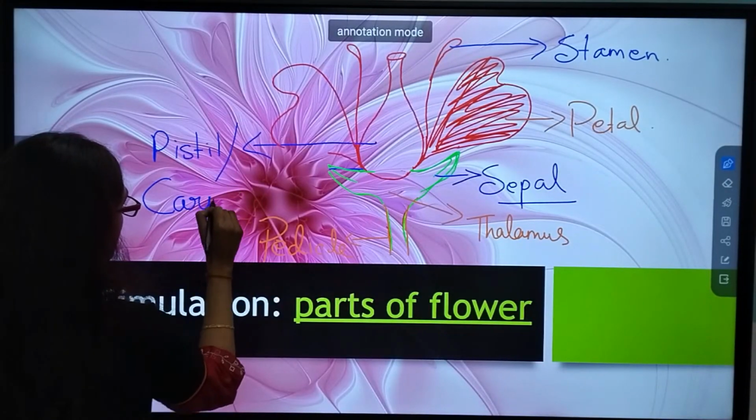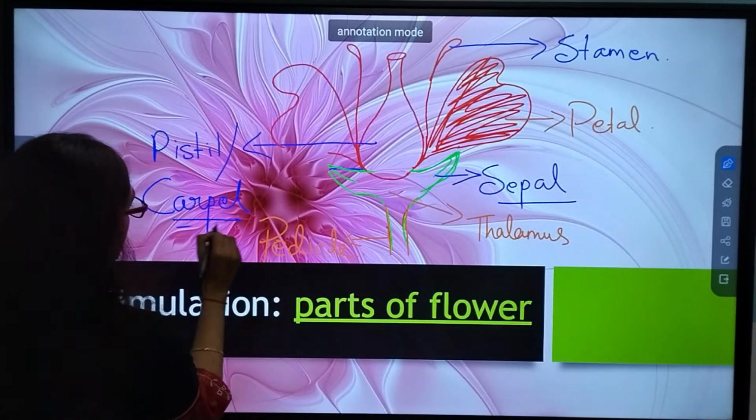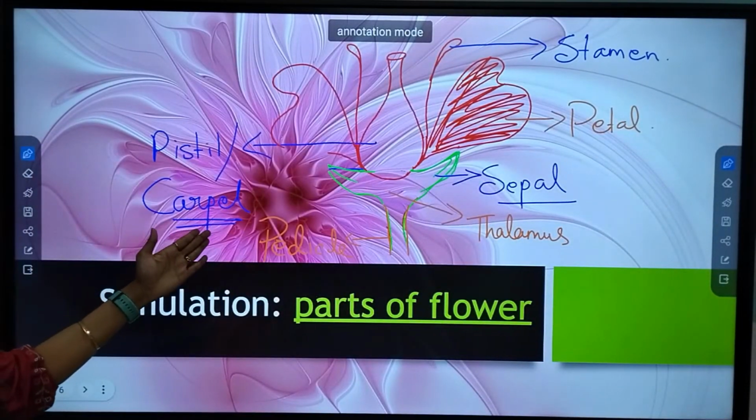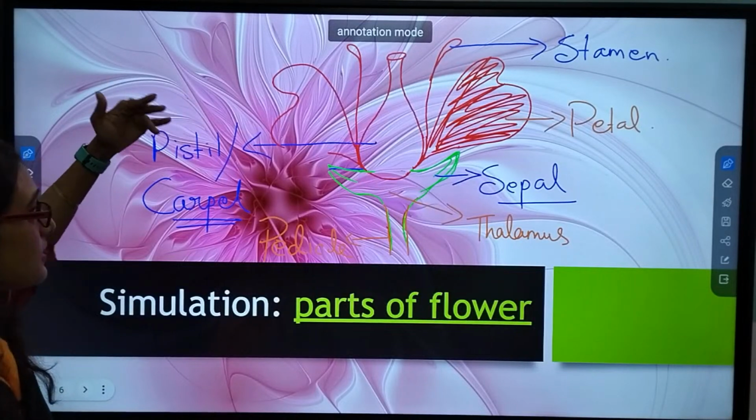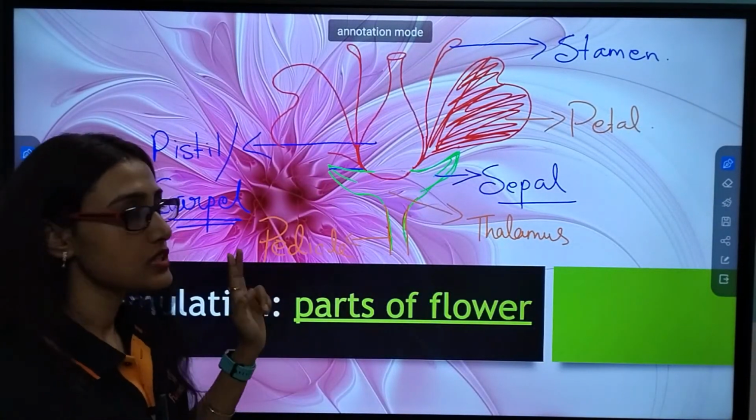So students, you must remember both the names, because if they ask you carpel and you don't know the other name of carpel is pistil, you will get confused in the flower.